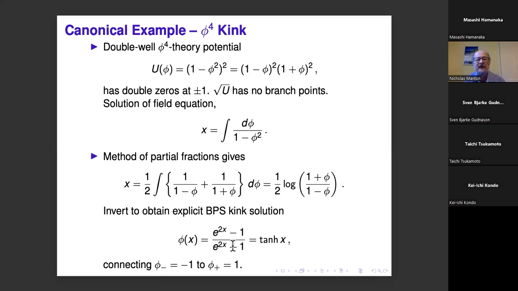So that's the explicit kink, because you can invert this equation. And tanh x runs from -1 at x equals minus infinity to +1 at x equals plus infinity. So it connects these values, phi minus equals -1 to phi plus equals 1. Right. So that's the classical phi to the 4th kink, tanh x.